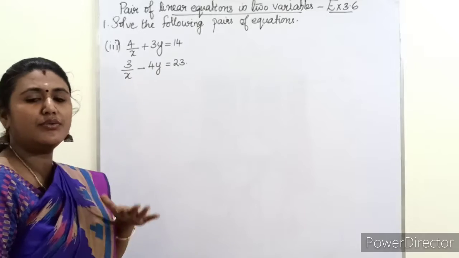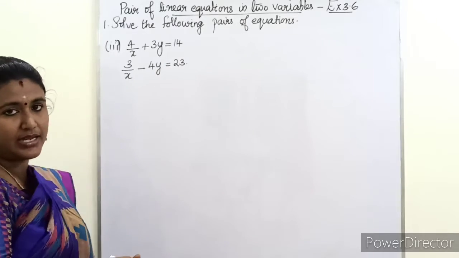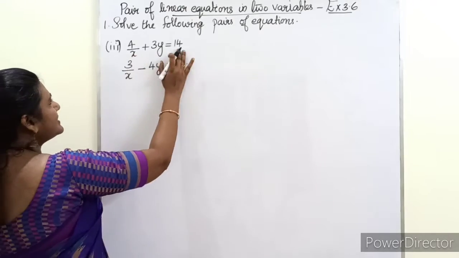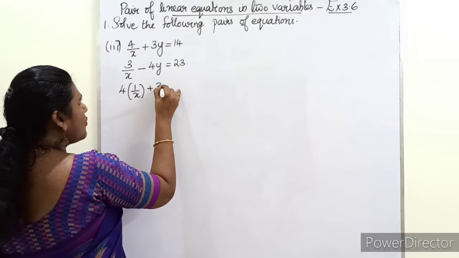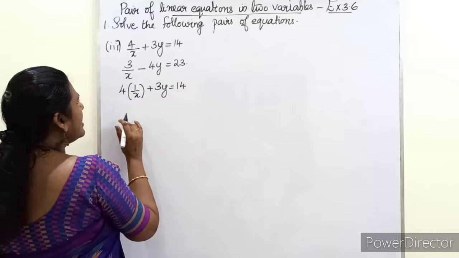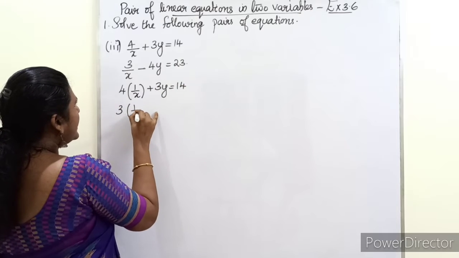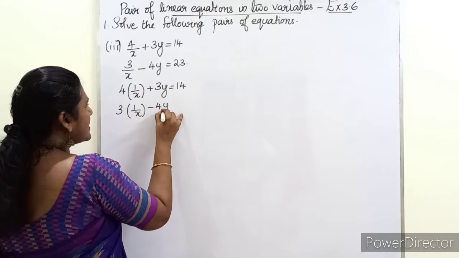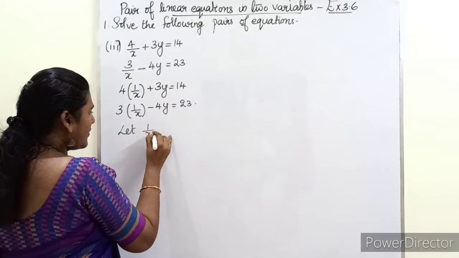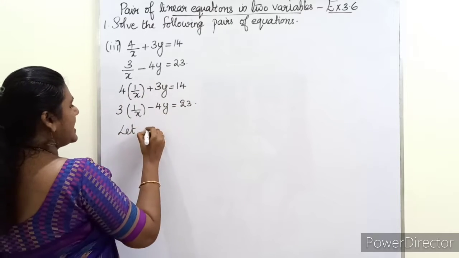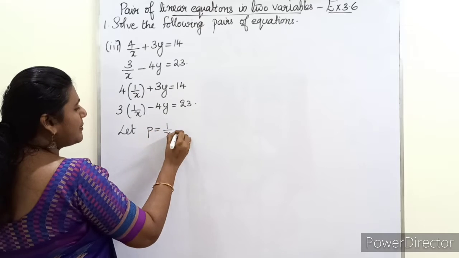So for y you need not substitute any other variable. So we can rewrite this equation as 4 into 1 by x plus 3y is equal to 14, and 3 into 1 by x minus 4y is equal to 23. So here 1 by x alone, we will take 1 by x as p. So p is equal to 1 by x.